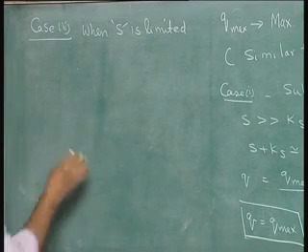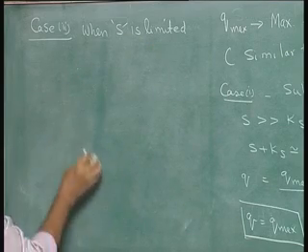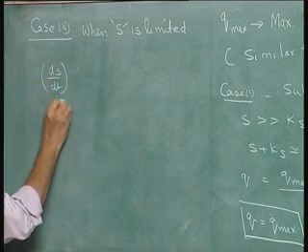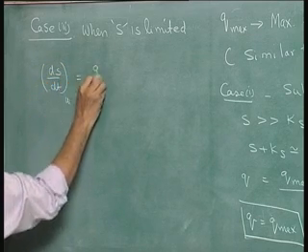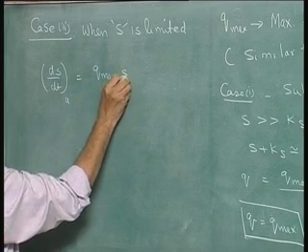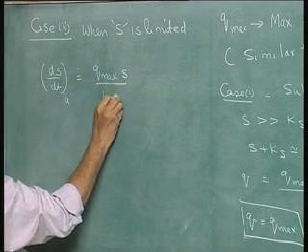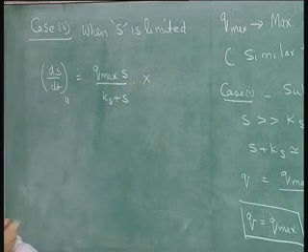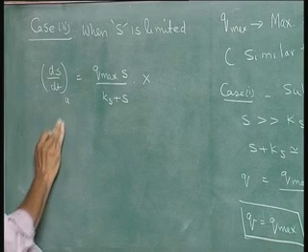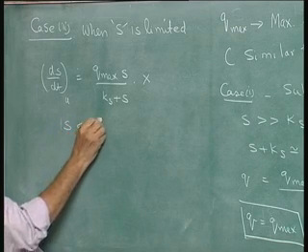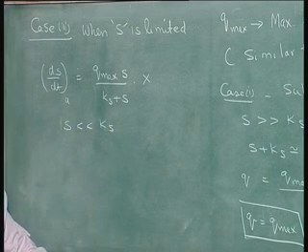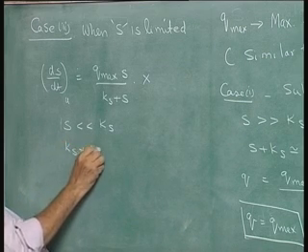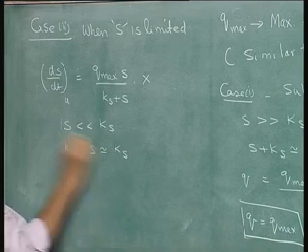When the food is limited, the equation we have is ds by dt utilized is equal to q max S over Ks plus S multiplied by x. In this particular equation, the concentration of S is less than Ks. When it is less than Ks, I can say Ks plus S is equal to Ks itself.